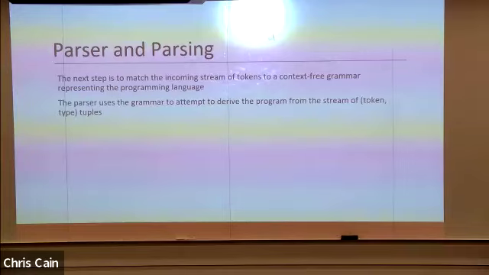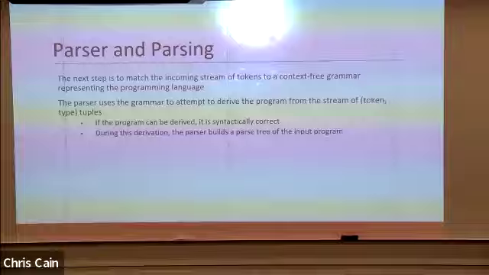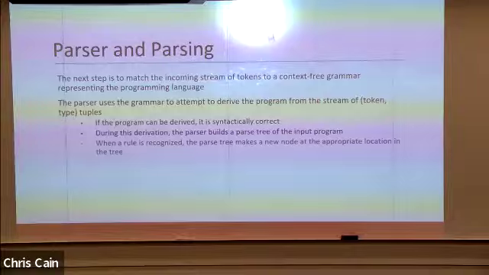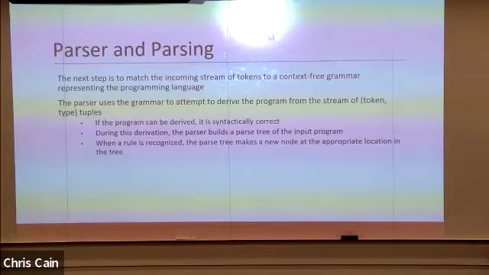So we use the grammar to attempt to derive the program from this stream of token type tuples. If the program can be derived, it is syntactically correct in that language. And then we can build a parse tree that shows exactly how that was done. The parse tree is the exact rules that were used in that grammar to generate that program. When we recognize that rule, we make a new node at some location in the tree.